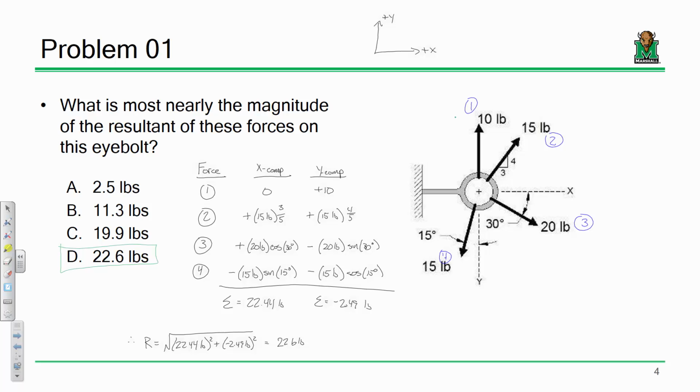Because I'm going over 22.4 and down like 2.49. So it's probably a resultant in the fourth quadrant, and from the x-axis it's going to be like 5 or 10 degrees. It's going to be really tiny. Keep that in mind, because maybe that's all you need to know to get the right answer.